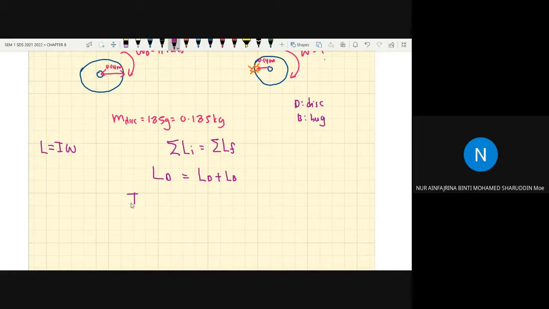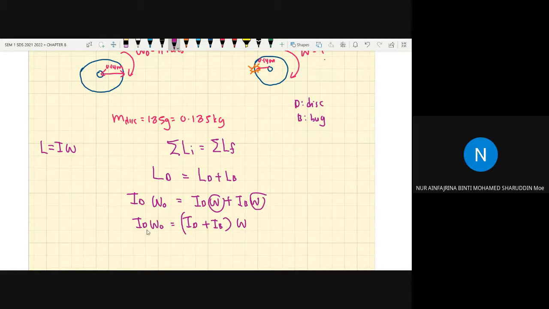So the moment of inertia of the disc times the initial angular velocity, omega naught, the initial angular velocity, same as I omega. Now it will have the final angular velocity, plus the moment of inertia of the bug times angular velocity. When Miss arranges this equation, because both will have the same final angular velocity, Miss expands it like this.